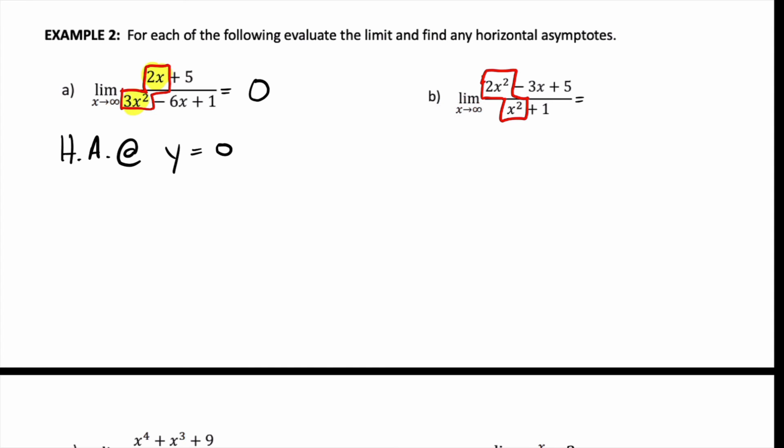I could just focus on the ratio of the leading coefficients. Well, I have a 2 and I have a 1. So 2 over 1 is 2. And then a horizontal asymptote at that same location, y equals 2. Okay.